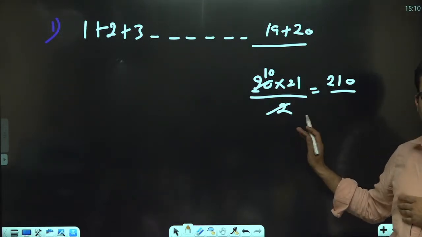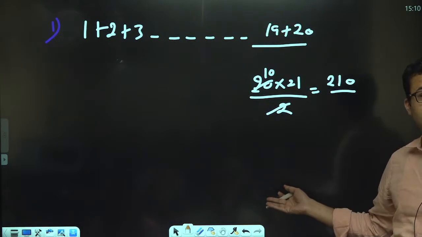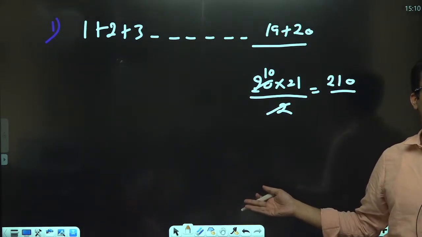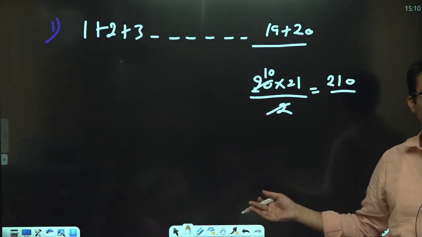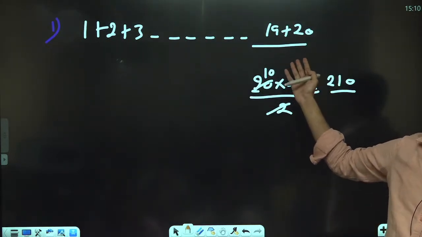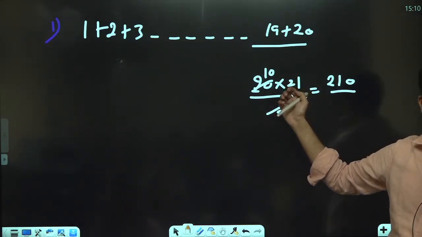सर 20 को 2 से डिवाइड कर सकते हैं इन दिस ऑल्सो. 20 divided by 2 gives you 10. Sir, you have 20 chocolates. Addition. It is addition. Sir, 20 to 21, we're doing the wrong multiplication.